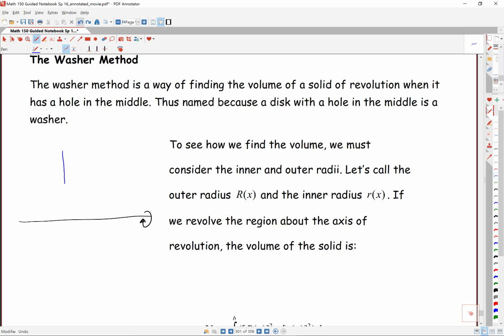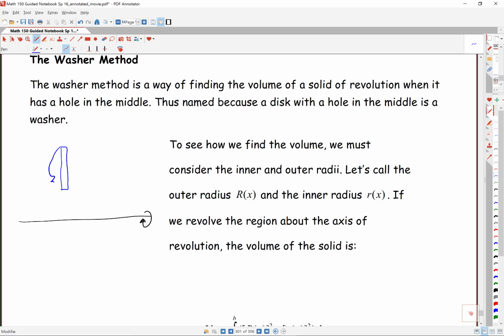Actually, let's do this differently. We'll do the representative rectangle, that's fine. So your representative rectangle was kind of floating. So what happens is you end up having these two radii.